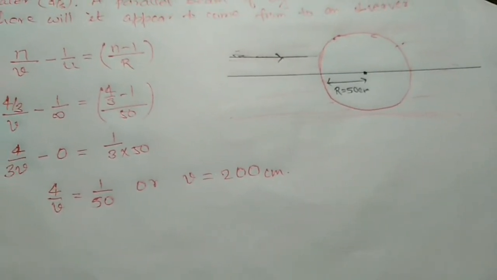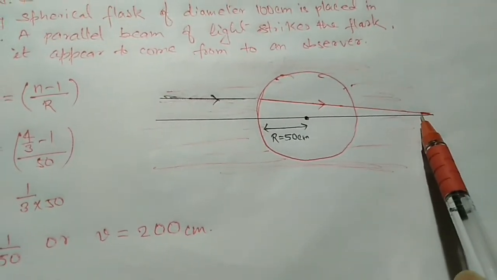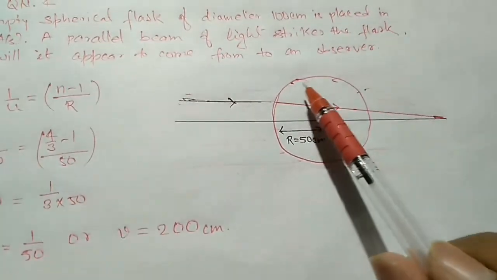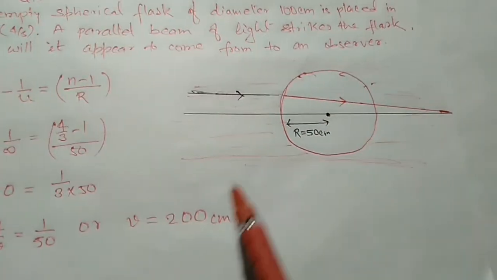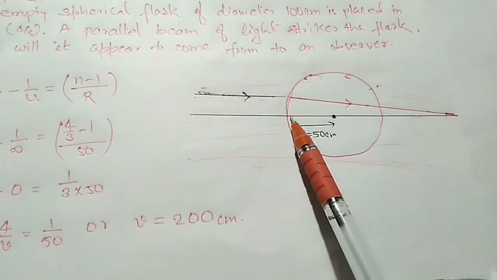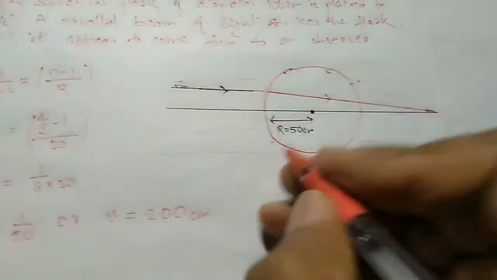So let's draw this first, how it looks. This was the position of the image, because we are considering that there is no second surface. The ray goes straight here, and the distance from this point, the pole, to here is 200, because in the question V is equal to 200.